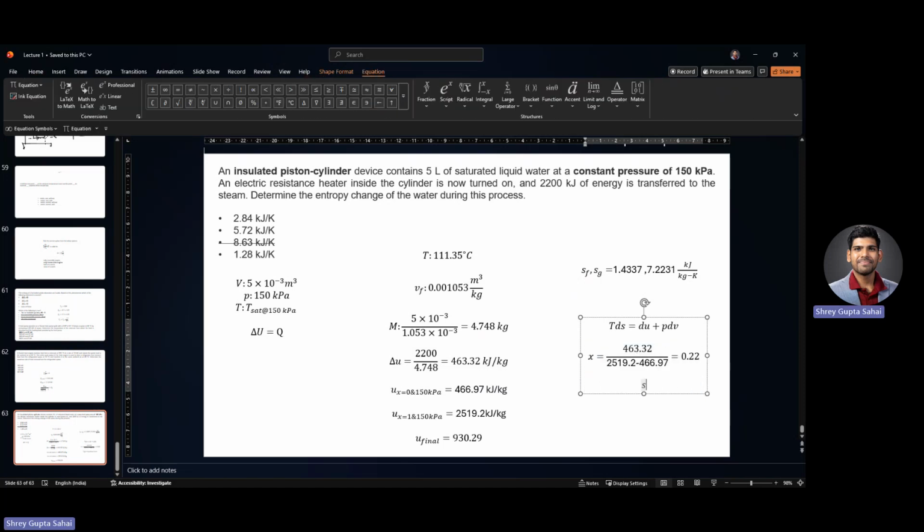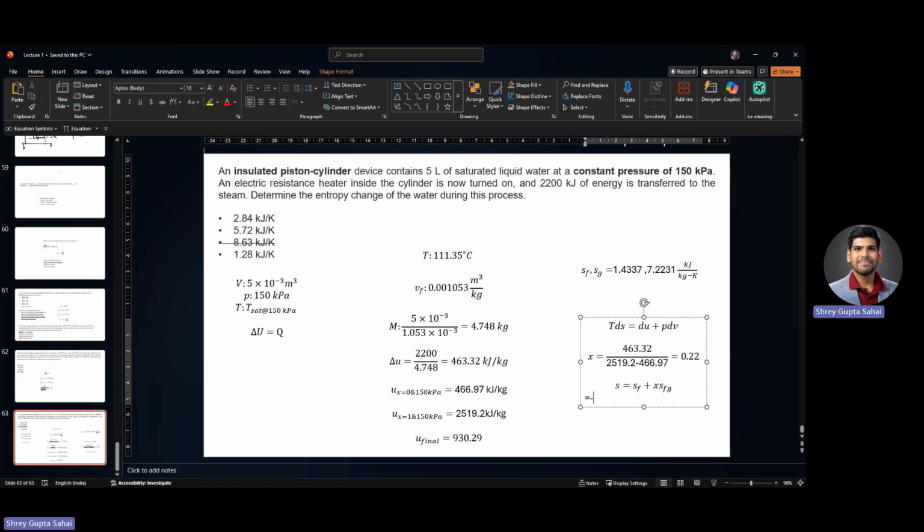Just by that, I can find S equals SF plus X into SFG. But I don't need to calculate SF because I need to find delta S. So delta S is X times SFG.